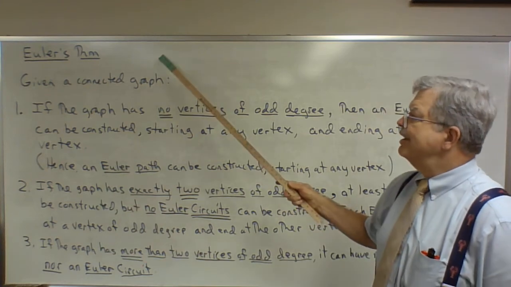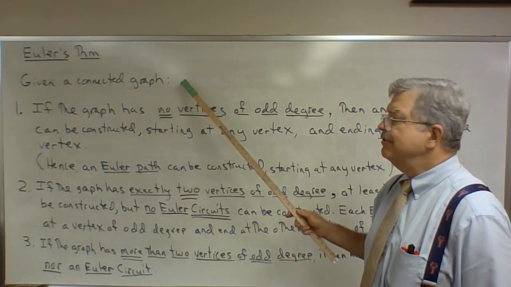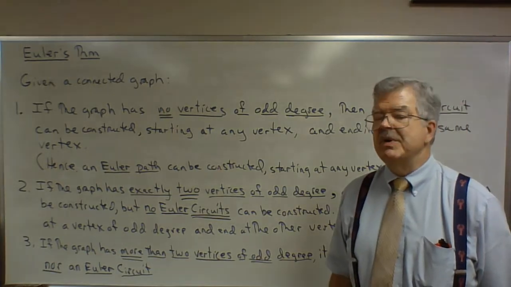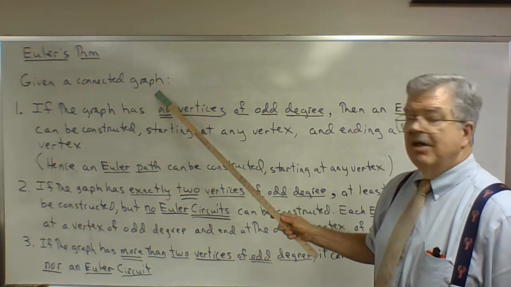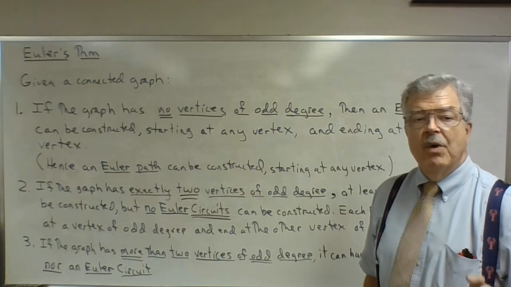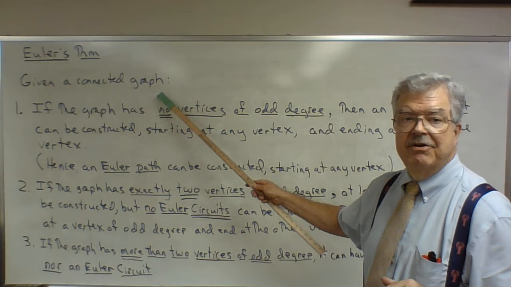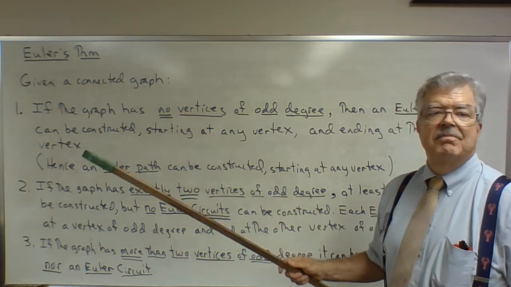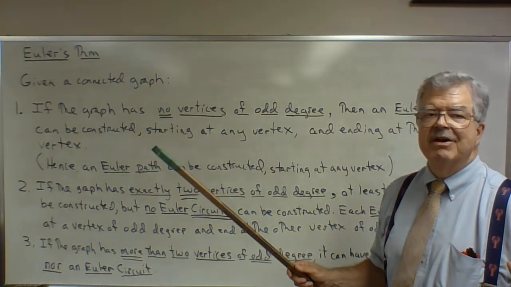Here's the theorem that tells us when we can construct Euler circuits and when we can construct Euler paths, and when we can't construct Euler circuits and when we can't construct Euler paths. First of all, the graph has to be connected. By definition, an Euler path or an Euler circuit exists only on a connected graph. So if the graph's not connected, don't even think about Euler circuits, Euler paths, there ain't going to be any.